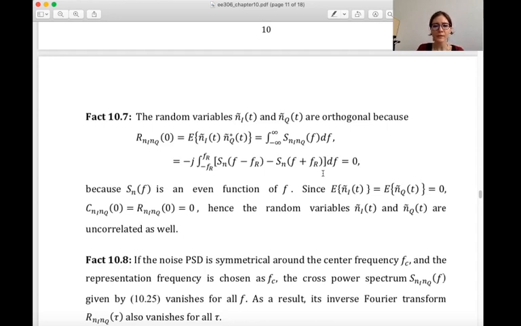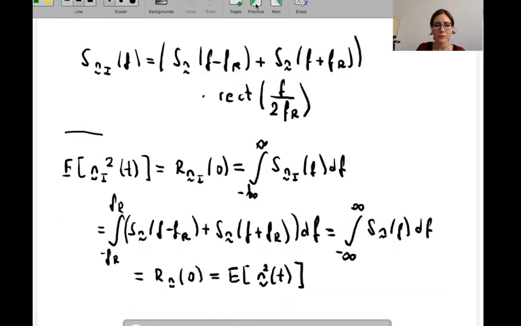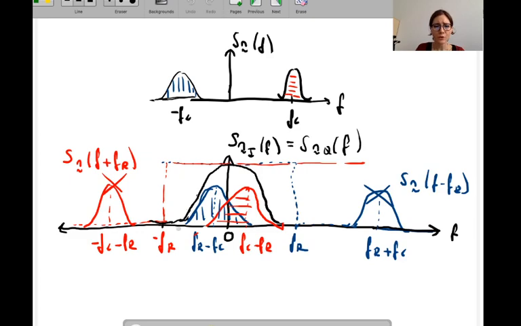But then this integral is equal to 0. Again, why is that? Integrating between -f_r and f_r, this first part minus the second, but these are nothing but the blue curves and the red curves we had in this picture. So back to here, you're integrating the blue curve minus the integral of the red curve. You're subtracting the areas, but then these areas are the same.